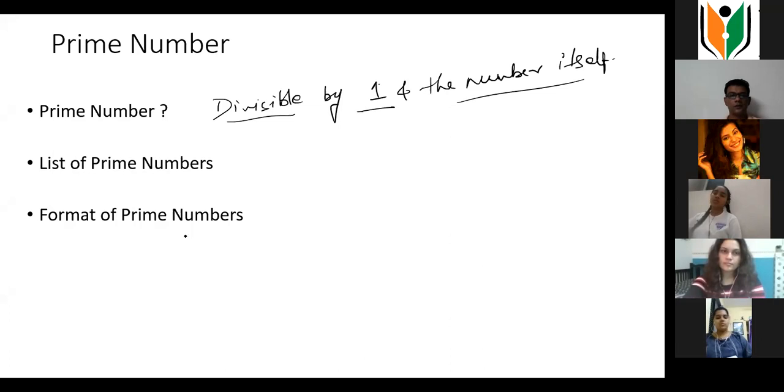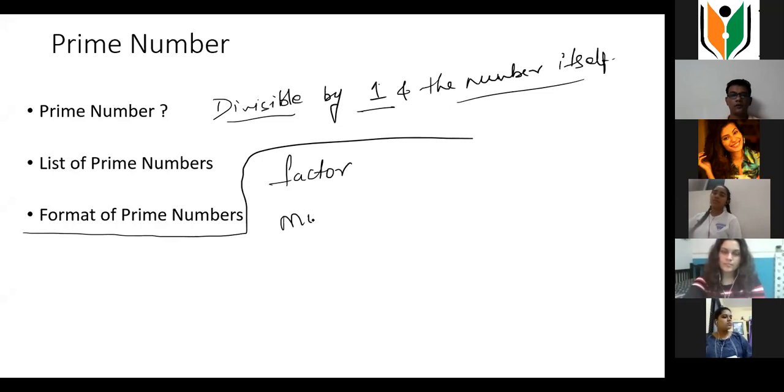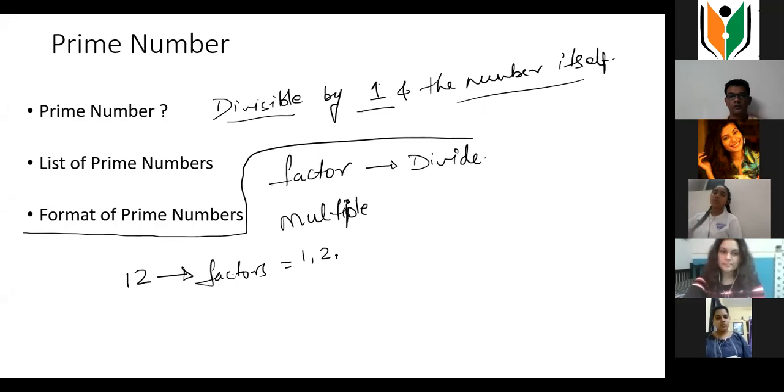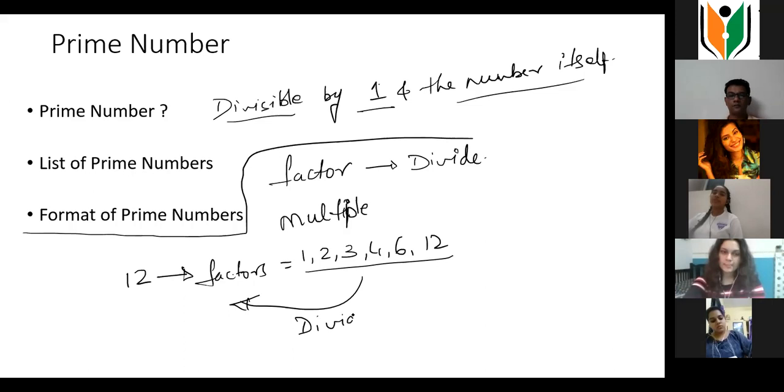Before we get into prime numbers, I want you to understand what is a factor and what is a multiple. A factor is a number which can divide. For example, 12. What are the factors of 12? Factors of 12 are 1, 2, 3, 4, 6, and 12. Because all these numbers can divide 12, and thus they are named as factors.